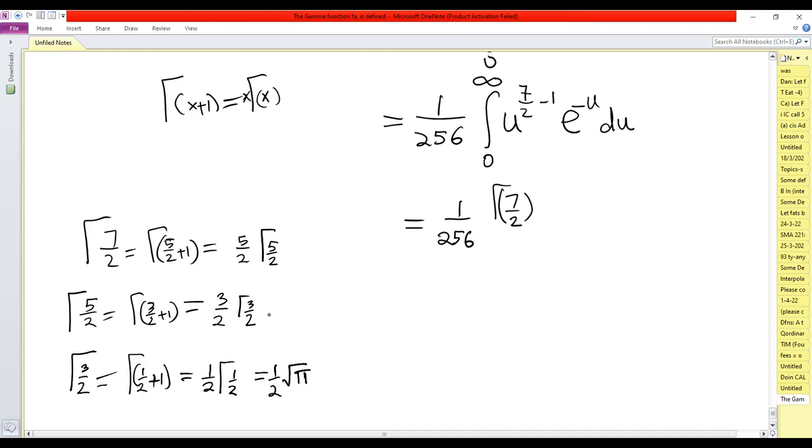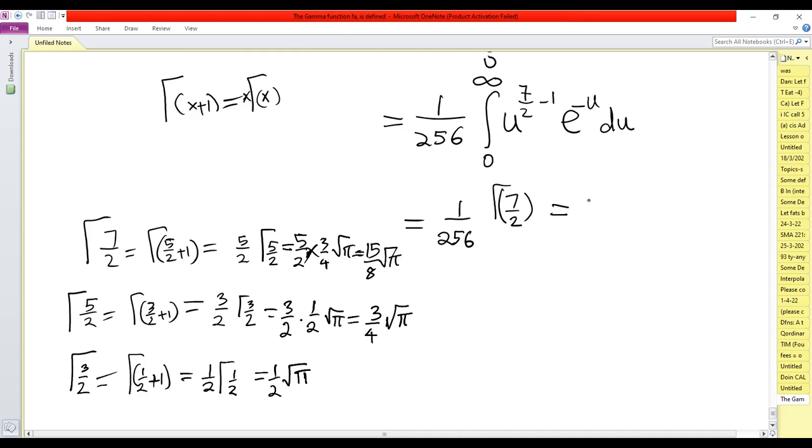Now, replacing this in the previous step, we'll have 3 over 2 times a half root pi, which is 3 over 4 root pi. Replace this in this part, and we have 5 over 2 times 3 over 4 root pi, 15 over 8 root pi.